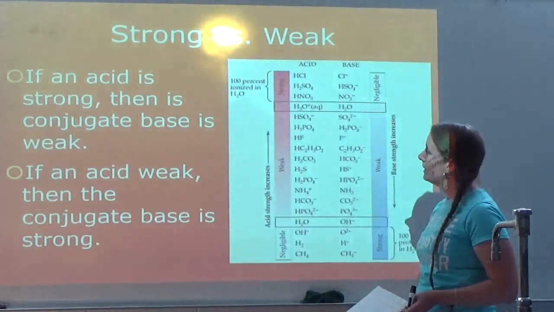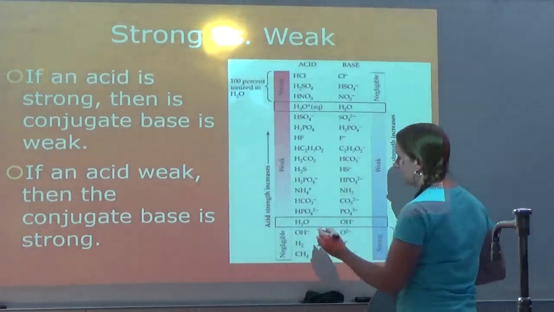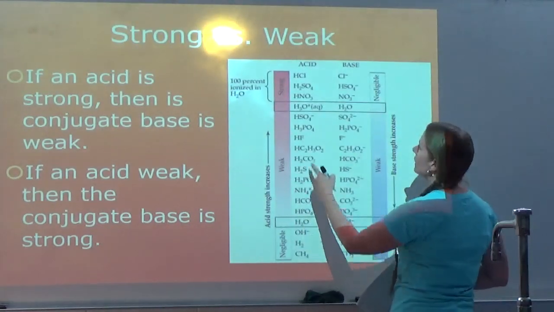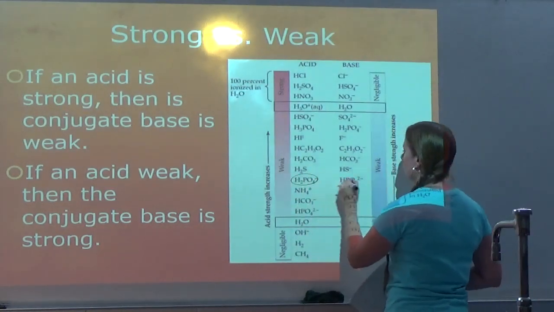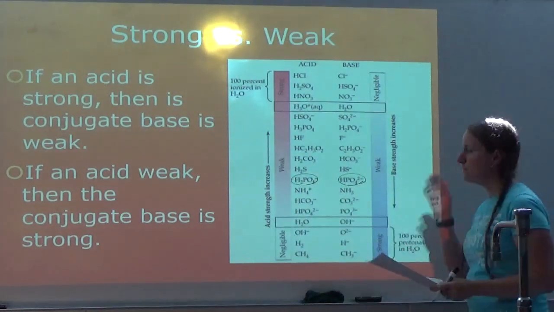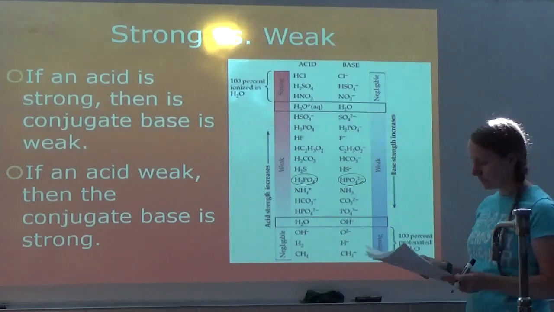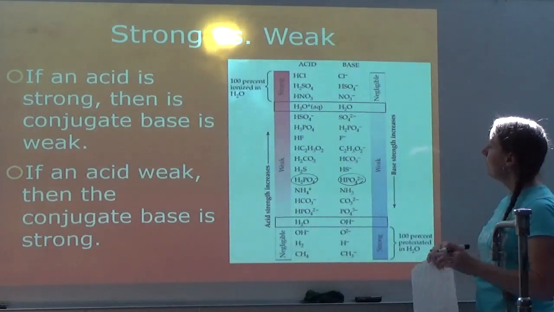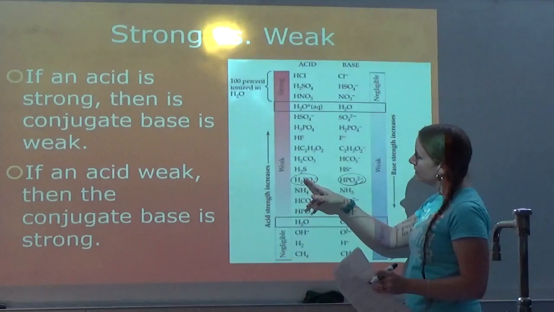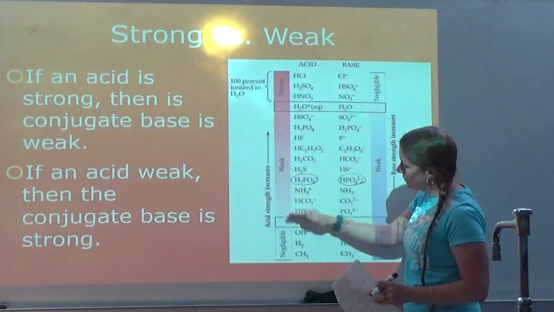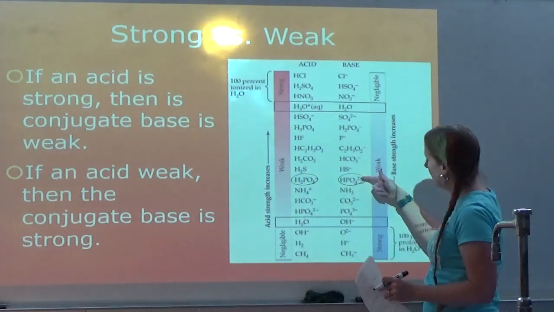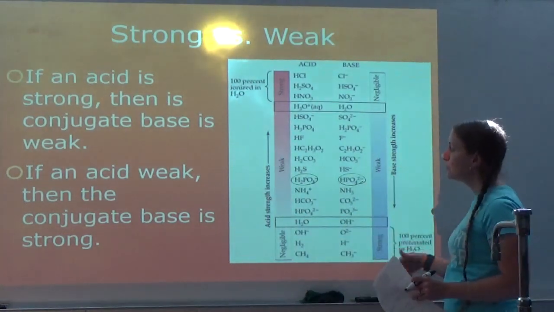So, I go back. I can find HPO4, let's see, where's H2PO4? Here it is, H2PO4 and HPO4, right here. All right, so if I look, this is the weaker, okay, because see how strong is way up here. This one's a little closer to the weak side. This one's a little closer to the strong side.